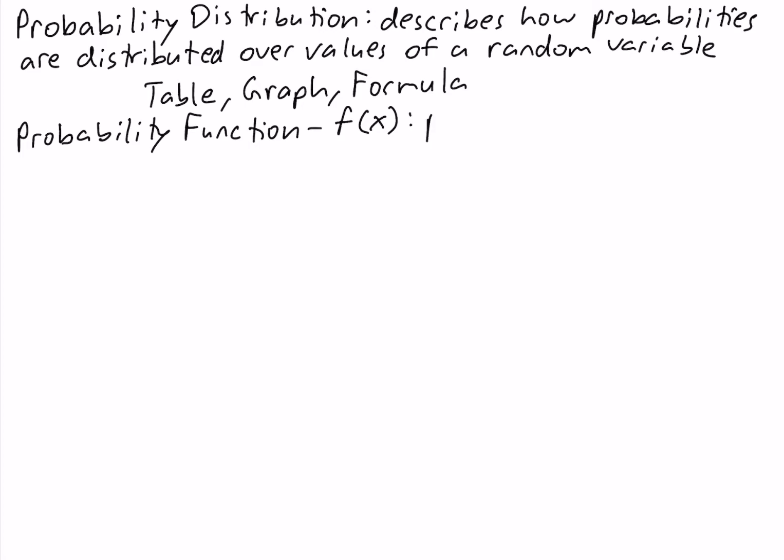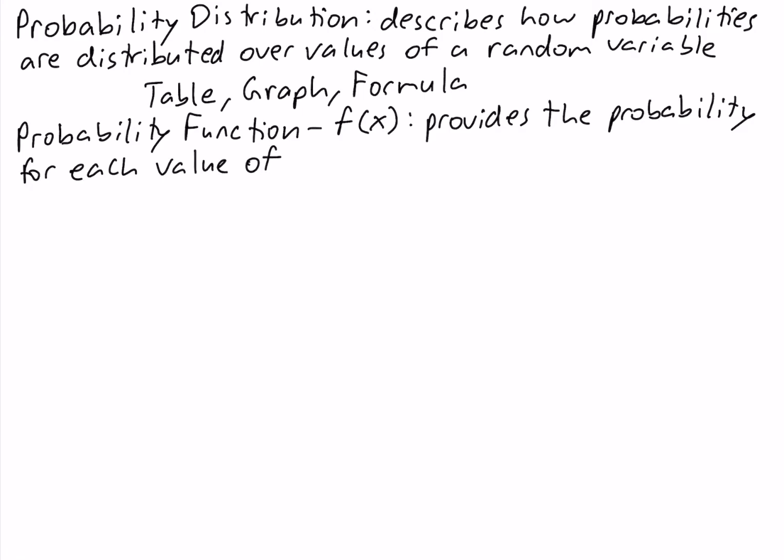Now, the probability function provides the probability for each value of a discrete random variable. Now, it's important to note that probability functions are only for discrete random variables, not for the other type of random variables, which are continuous random variables.